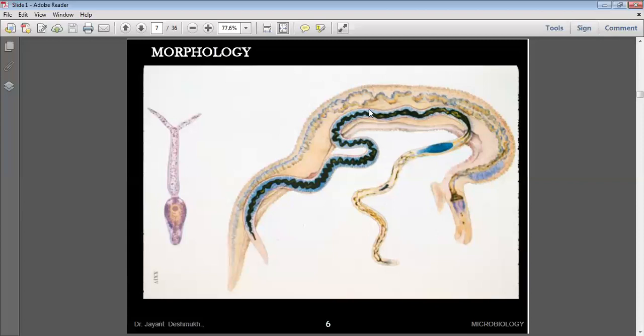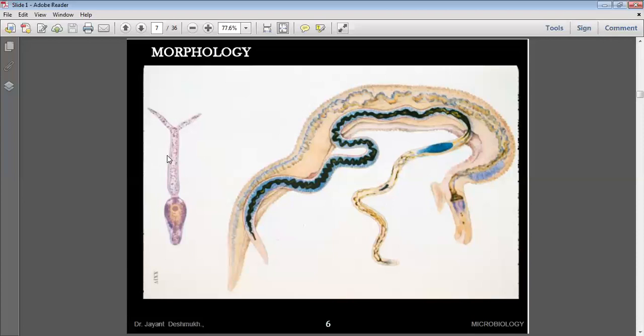And this groove present in the male is known as the gynaecophoral canal, where the female rests at the time of copulation. So this is male and female. General properties I already mentioned; here the important thing is size, length, and thickness, the differentiating features of male and female.